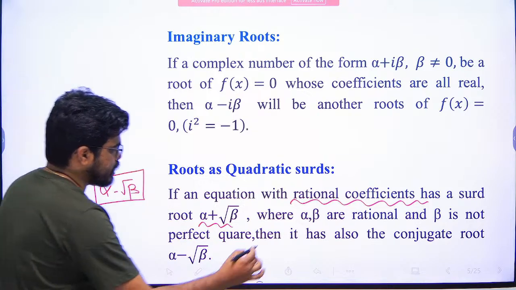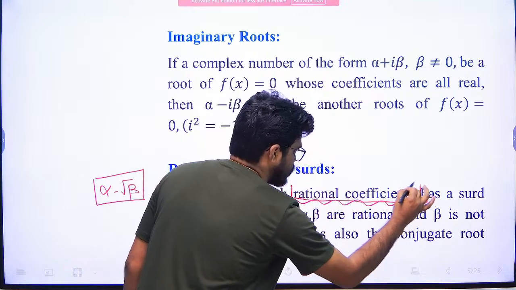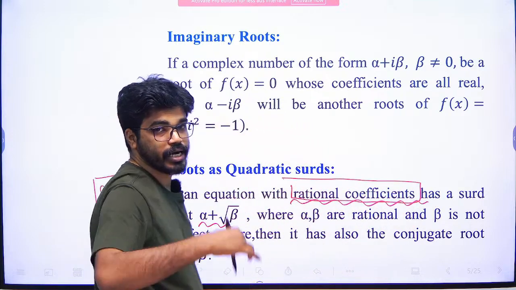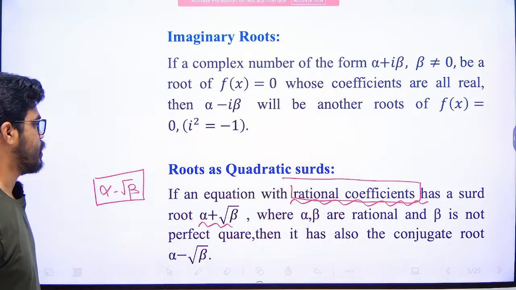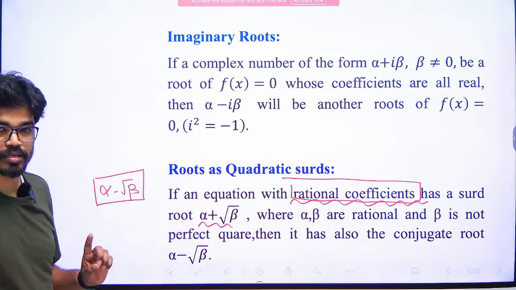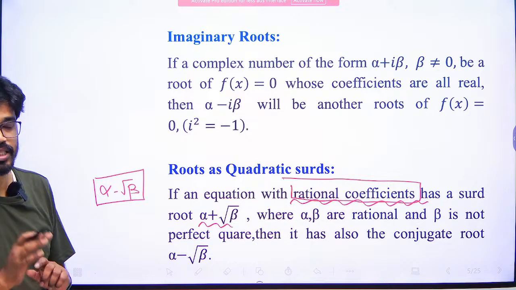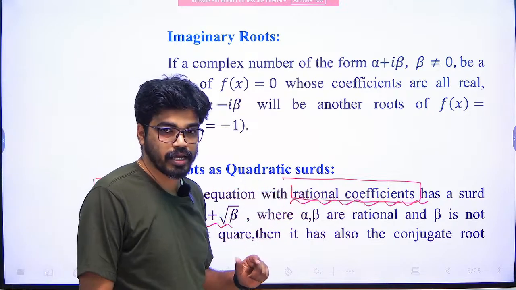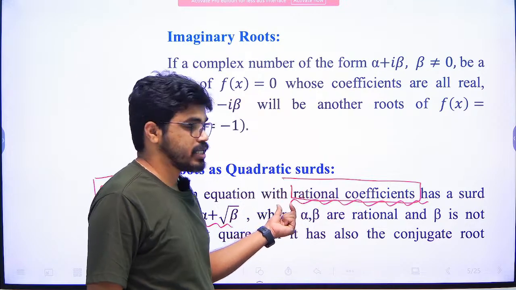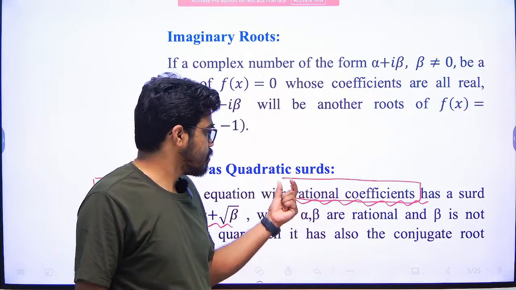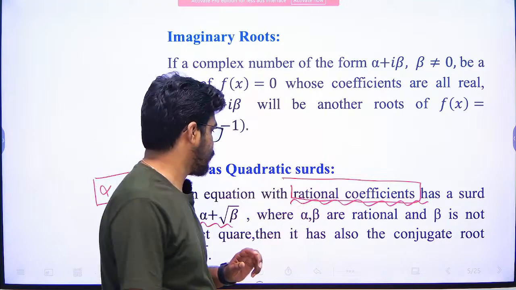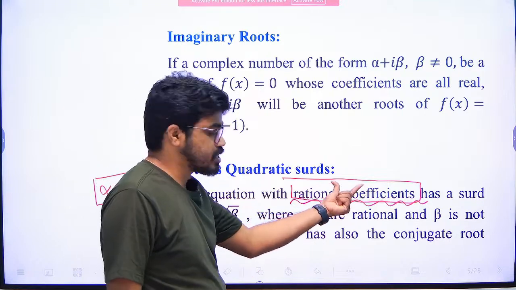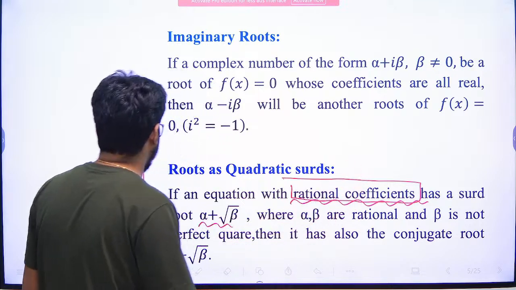So it is very important that the coefficients should be rational. If the coefficients are integers, it will not hold; they should be rational numbers. Every integer is a rational number, but a rational number may not be an integer. So this result holds for rational coefficients. That is the important note.